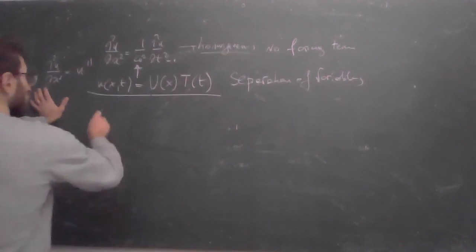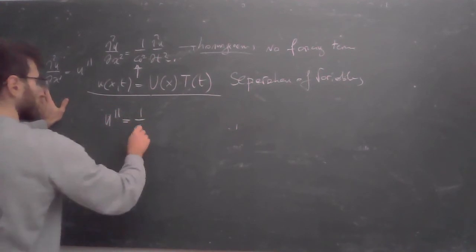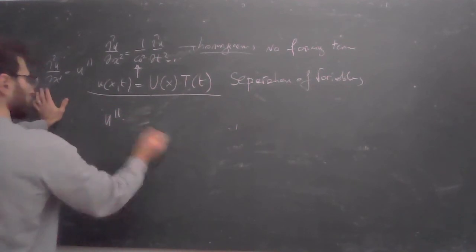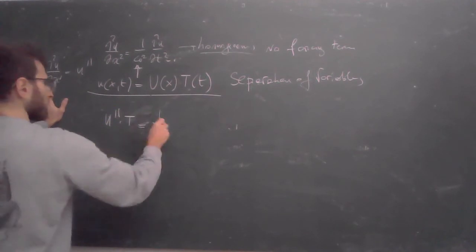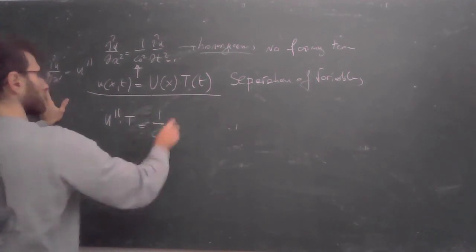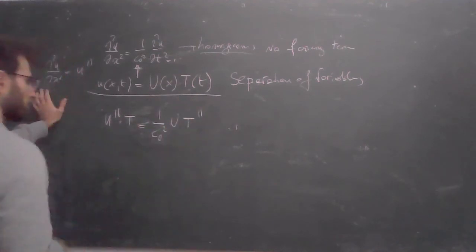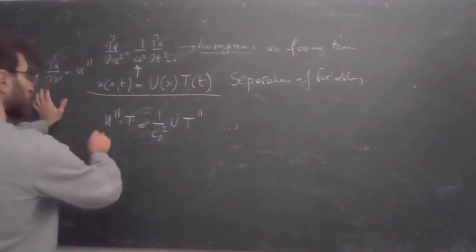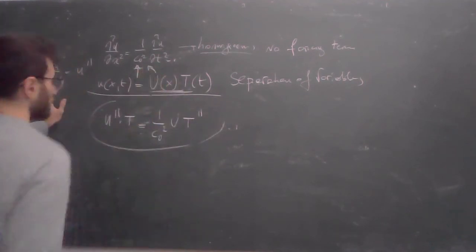So u_tt is equal to... it's just substituting this inside this.